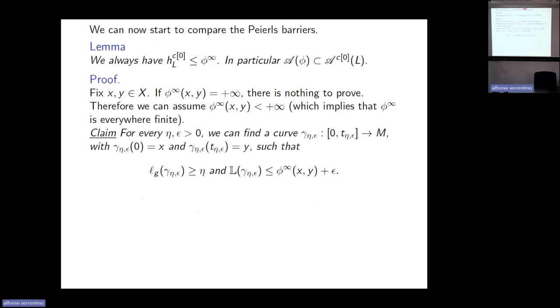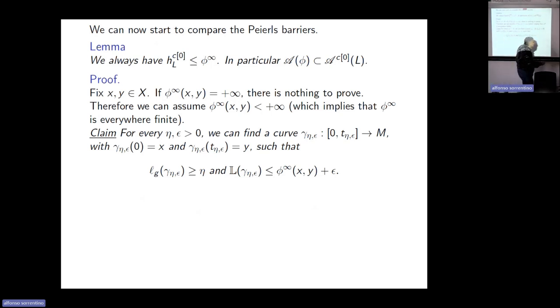So I claim that for every eta and epsilon positive, I can find a curve gamma eta epsilon which starts at x and ends at y, and such that the length of the curve is at least eta. And here, sorry, this is not correct. I should always modify by c.